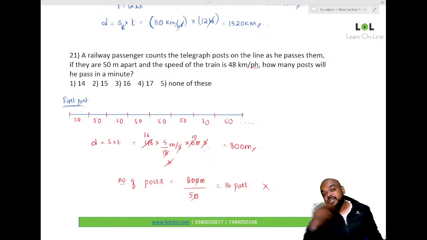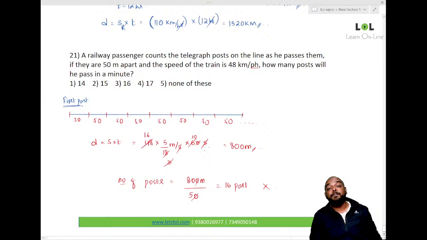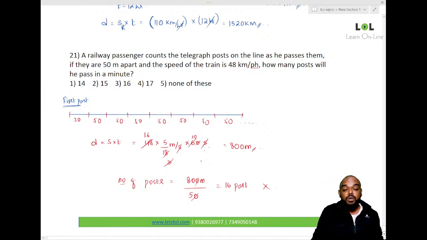Right? After that, every 50 meters, he will be getting 1 pole. So the first pole is at the very beginning, that is at the 0th second. So he is counting from here. When you do the total distance, you're counting only this much.